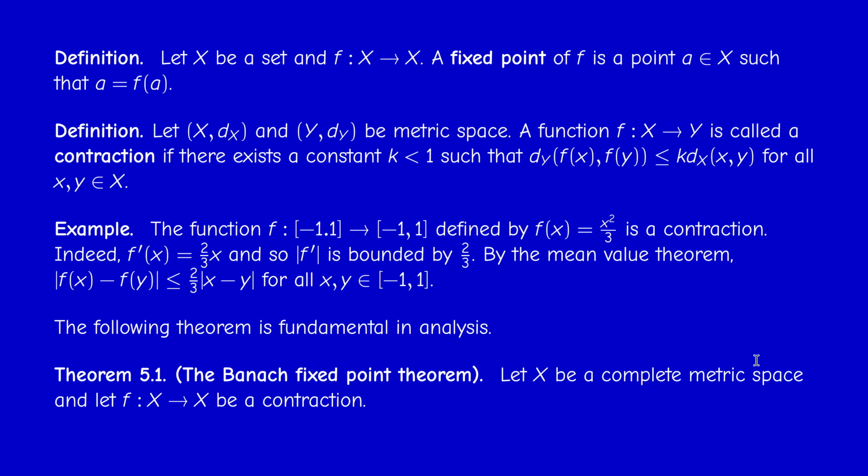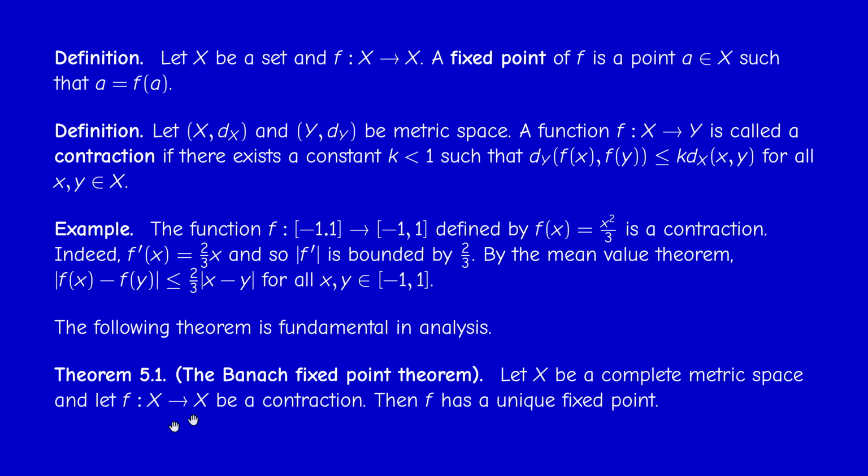And here's the final and central result of this chapter, the Banach fixed point theorem. If X is a complete metric space and F is a contraction, then F has a unique fixed point. We have several assumptions here that we have to pay attention to. First assumption is that X is complete. Second assumption, F maps X into itself.